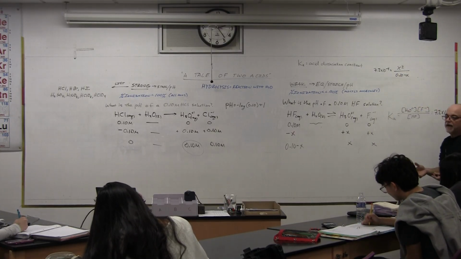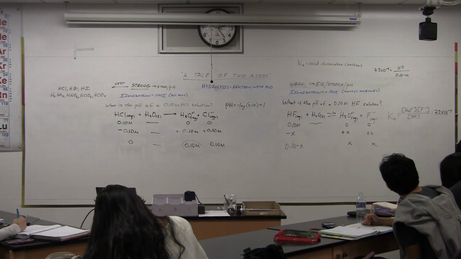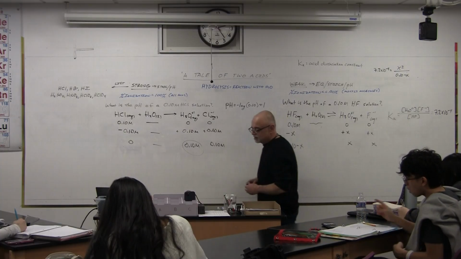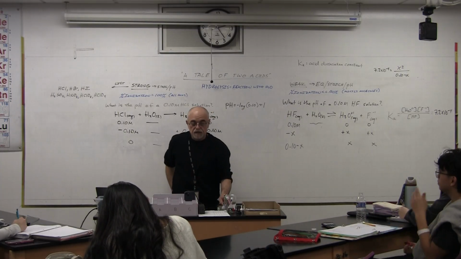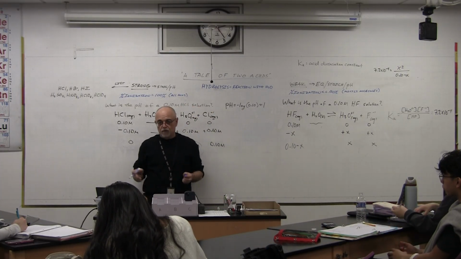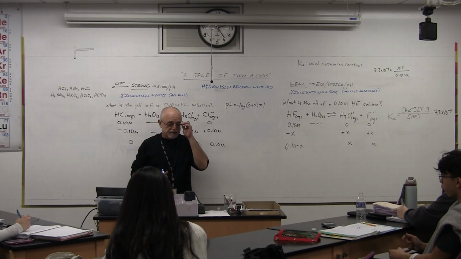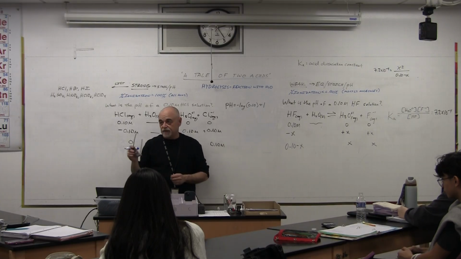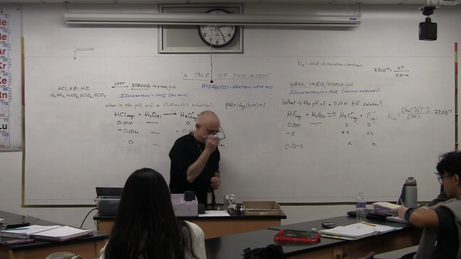We could probably do the quadratic easily by hand. But once again, we're going to take advantage of that assumption that X is going to be too small to matter. Will that always be true? In the real world, no. On the AP exam, I'm pretty sure it is. Meaning that you're probably going to be able to make the simplifying assumption that we've been making during the Ksp.